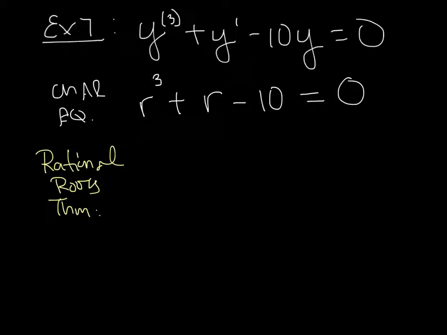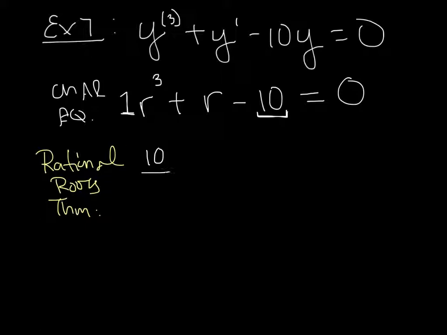So the rational roots theorem basically says, in algebra, I think they might have called these P and Q, or M and N. It really depends on the book. So we have these two constants, and we want to find the factors of them. In other words, we take 10, and don't worry about the negative because we're going to use it anyway.